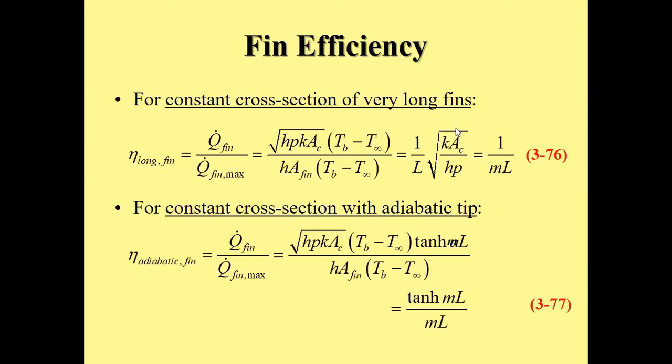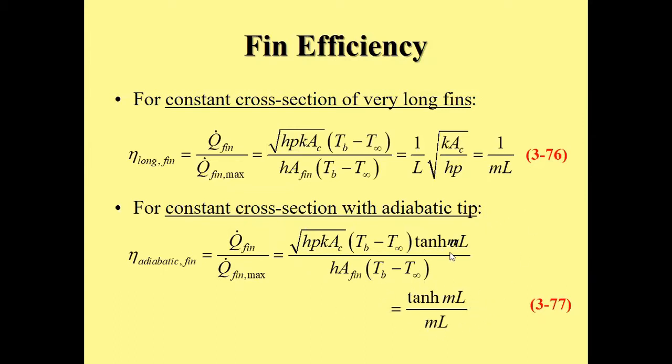So you can see that the efficiency depends on the properties of the fin as well as the fluid of the system for the convection, isn't it? This is for a constant cross section of a very long fin, while for a constant cross section with an elevated fin, you can put in the equation that you determined just now, and then you can obtain this, right?